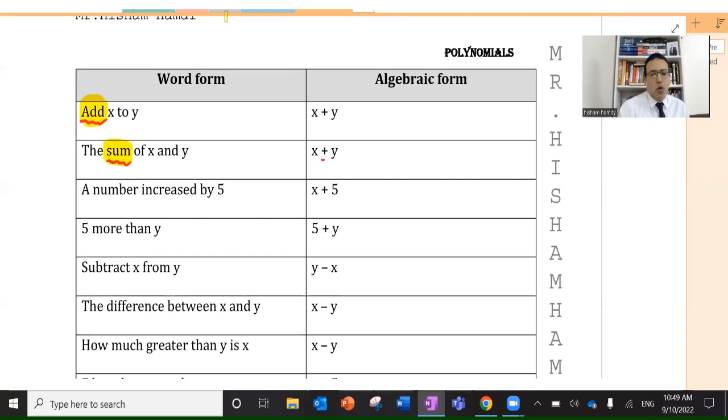It means adding two numbers, x and y. Number increased by 5 and 5 more than, so more than and increased by, both of them mean addition. You can write it as x plus 5 and 5 plus x, and this is called commutative property.